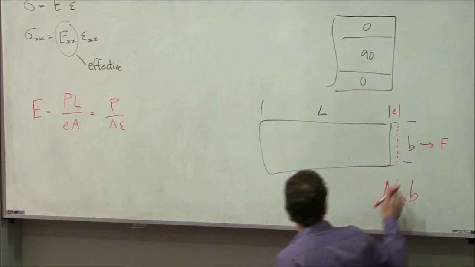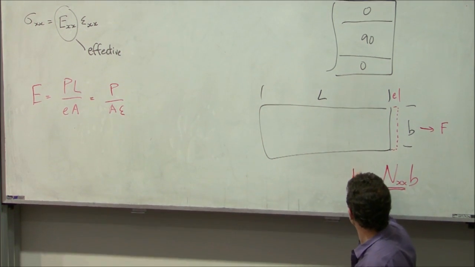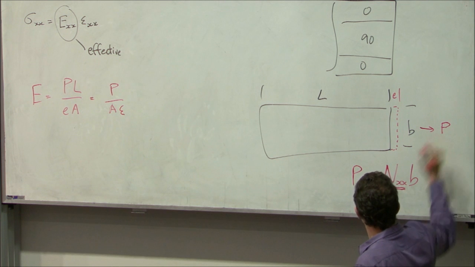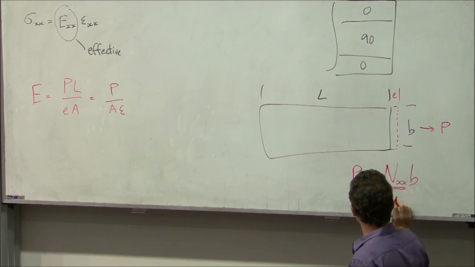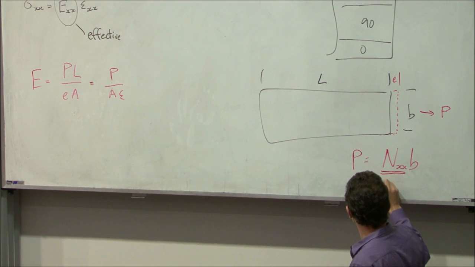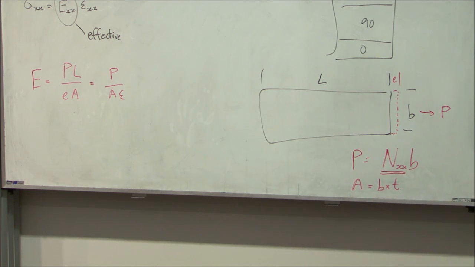And the area that we have here, the cross-sectional area, equals B times the thickness of the laminate.